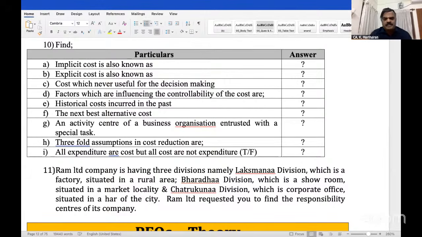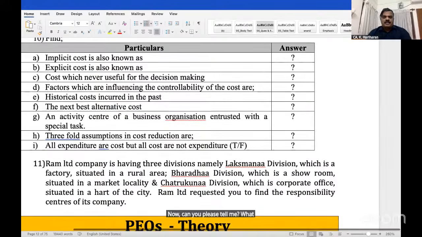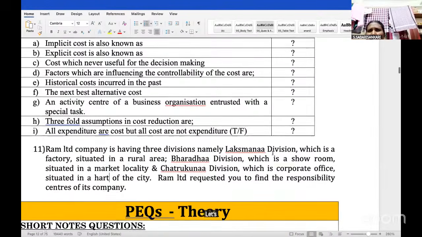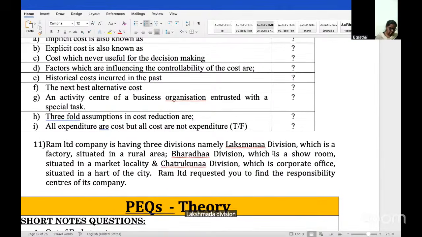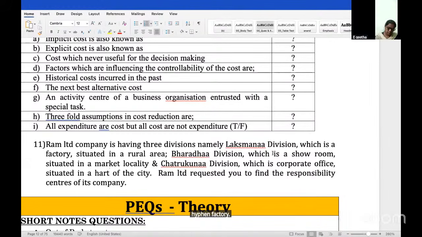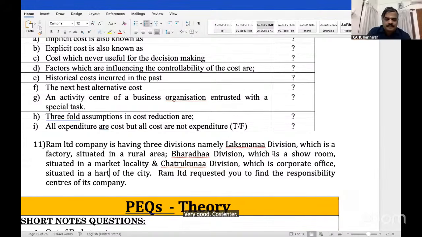Now, can you please tell me what all the divisions are there? Lakshmana division, hyphen factory. Therefore, cost center.